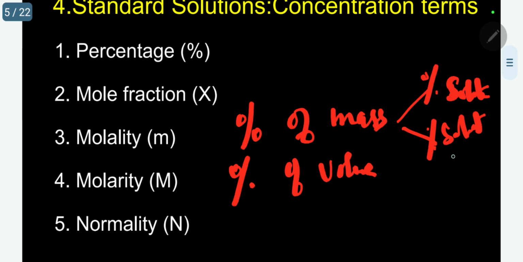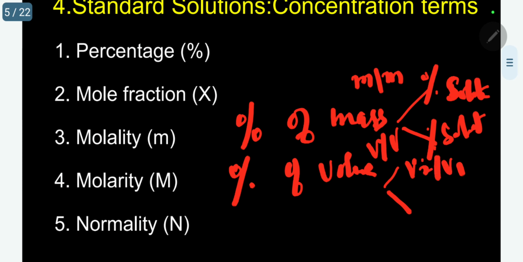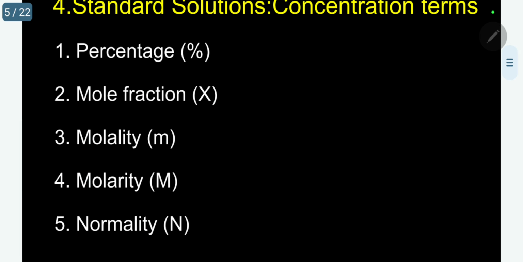Kindly follow, both will be mass, so it will be given in terms of w/w. The percentage of volume is again two types, that is V by V. If it is solute, percentage of solute means V2 by V1 plus V2, into 100.